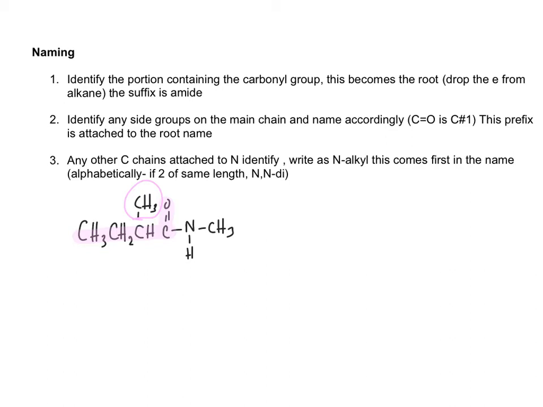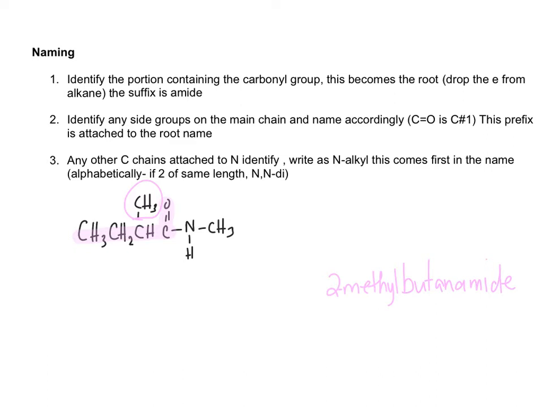So this becomes butane, and amide. Take the E off of butane and add amide. So butanamide. And there is a methyl group, and it would be on carbon number 2, because the carbonyl group is carbon number 1. So this is 2-methylbutanamide. So the amide portion is done.